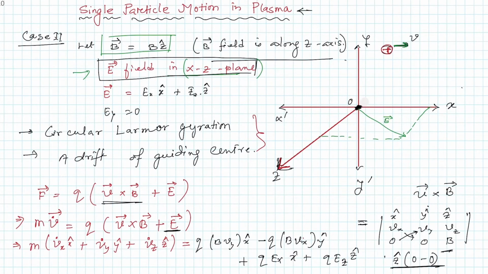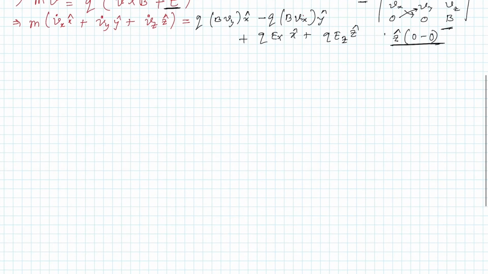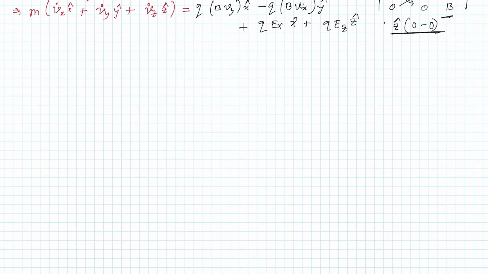Okay, let's scroll up the page. Now you see, if you compare the X components, Y components and Z components on both sides, then you will get m Vx dot is equal to Q Vy B plus Q Ex. This is equation number 1. How have we got this?